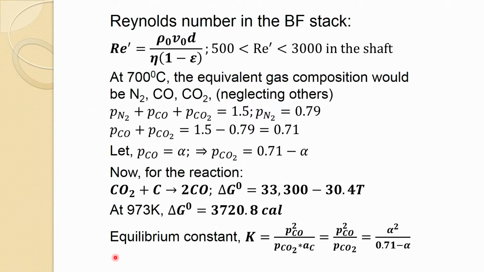Now, we know the gas velocity, we can calculate the Reynolds number, but before that we also need the density of the gas. So, at 700 degrees Celsius, the equivalent gas composition would be nitrogen, CO and CO2, neglecting other small amounts.